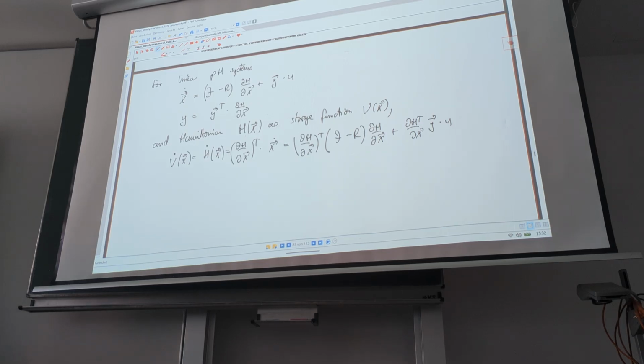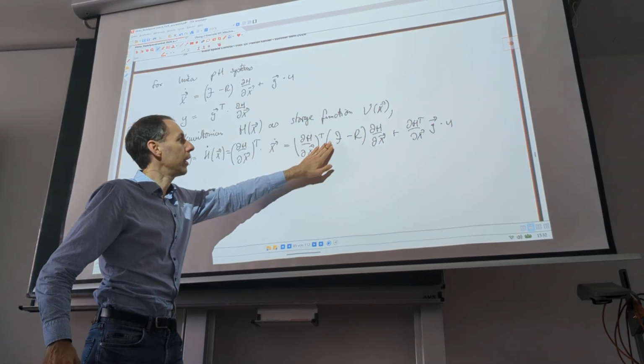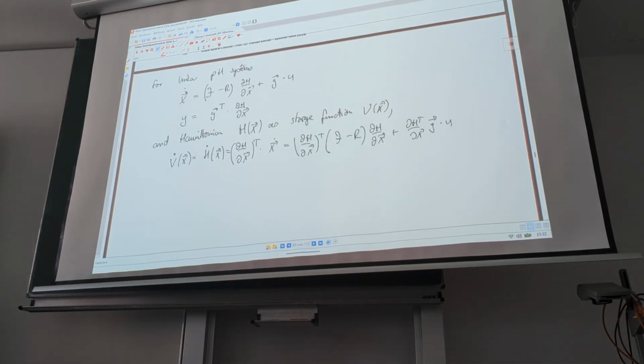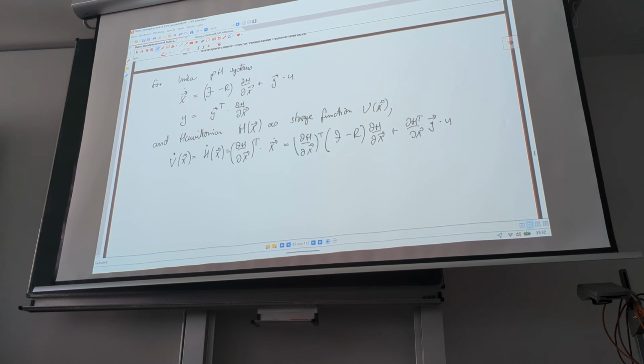This would always be passive since, what is dH/dx transposed J dH/dx? Remember, J is the power routing matrix, if you want.